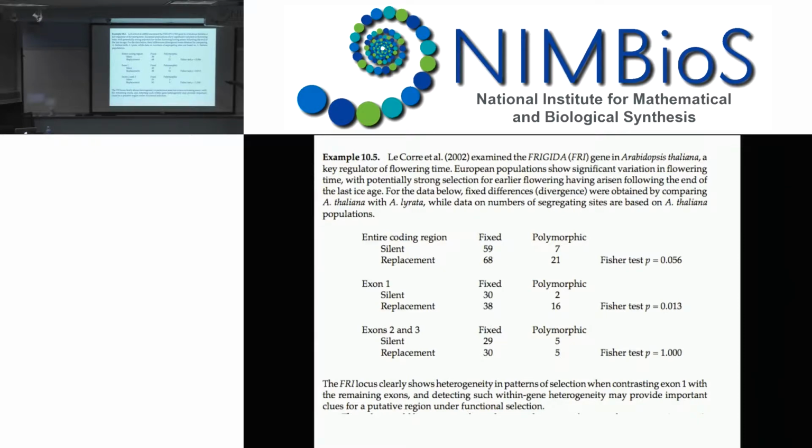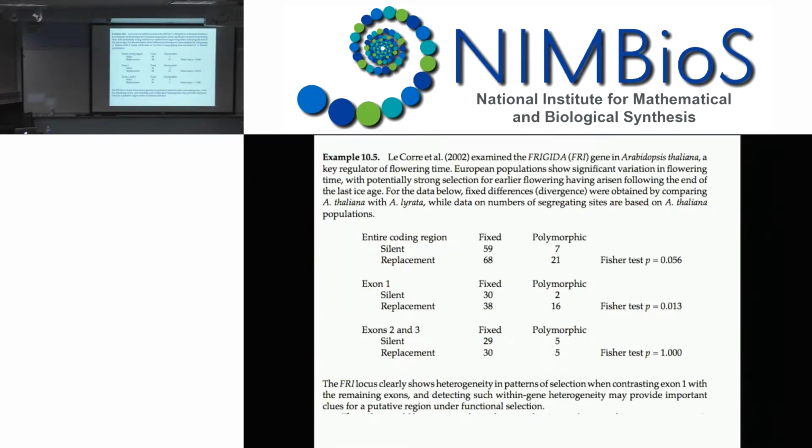So you look at the ratio of replacement to silent, for fixed, by which I mean substituted, versus polymorphism, and that's just barely below significant. If you look at exon 1, it's highly significant. You combine exon 2 and 3, it's not significant. So what you can show here is almost all the signal is coming from exon 1.